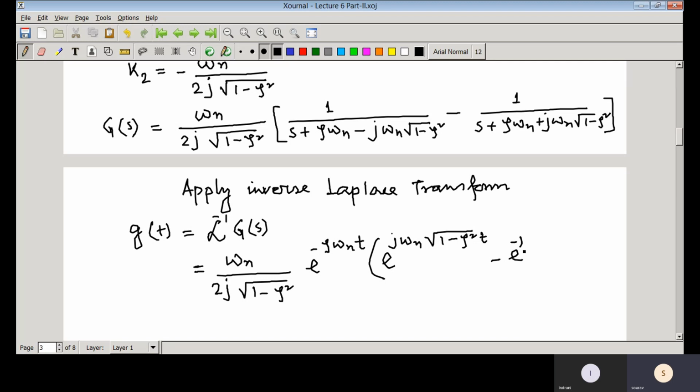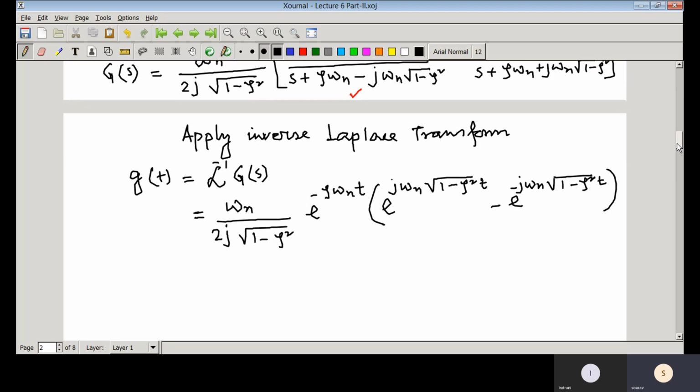If you are confused about this inverse Laplace transform, I suggest you see some standard book, and from there you can see that if you take the inverse Laplace transform of this one, it is just like this. Here, the only thing is you have a complex conjugate pole, so you can have it in exponential form, very simple and easy to understand.